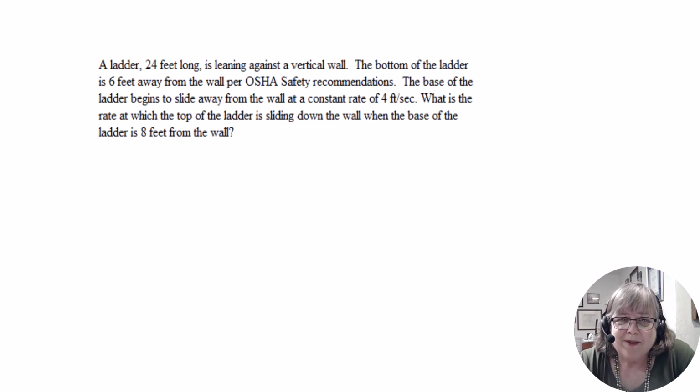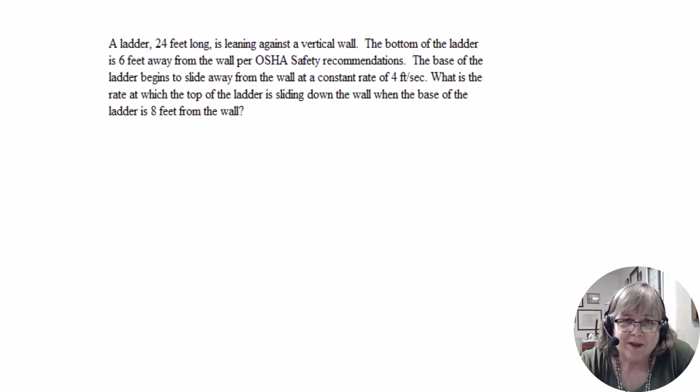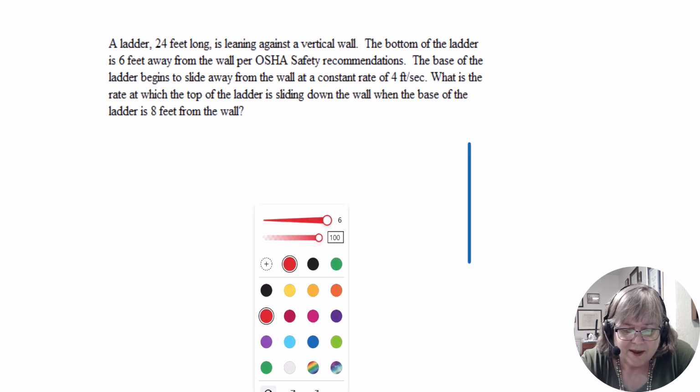Now, what you have to do is find some sort of relationship, an algebraic relationship, maybe a trig relationship. You try to find something in math that describes this situation. So oftentimes a picture is worth a lot. What you have is this wall, and then you have a ladder that's leaning up against it.